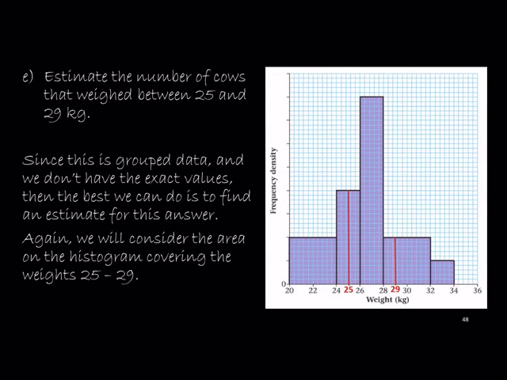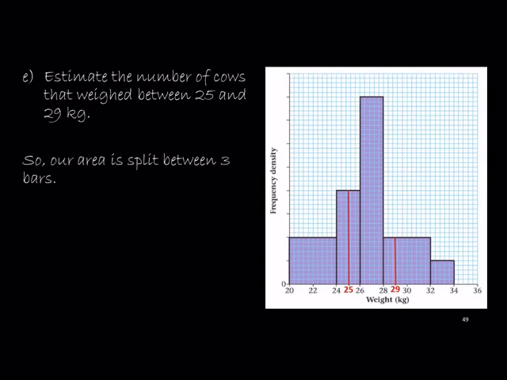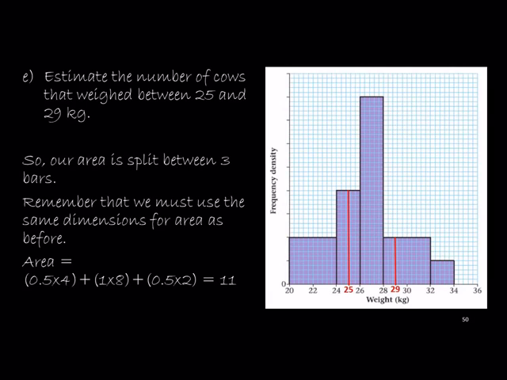And here they are, from 25 to 29. We need to know that area. Well, looking at it, that area is split into 3 bars. One here, and another one here. So we need to know the area of each bar.